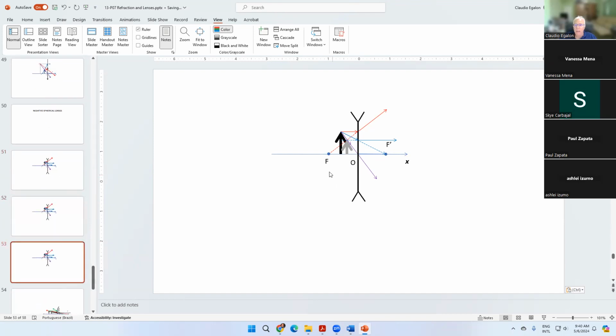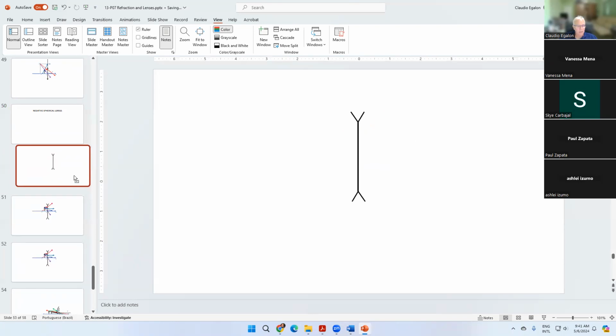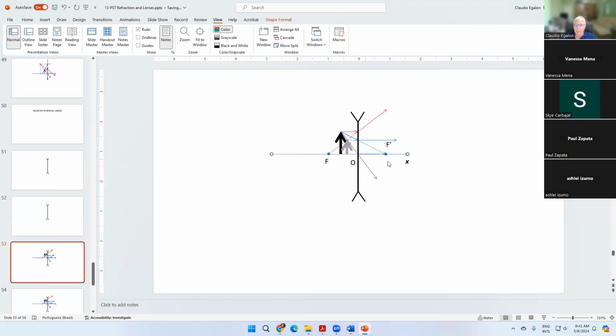So you do not get confused here. So we start with the negative lens first. And then we add the principal axis of the lens.